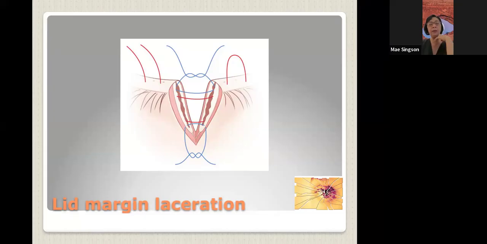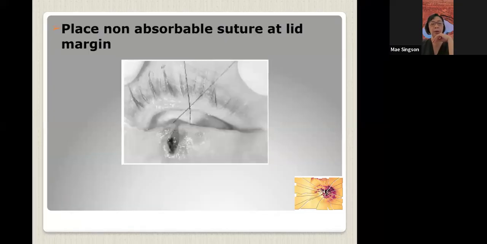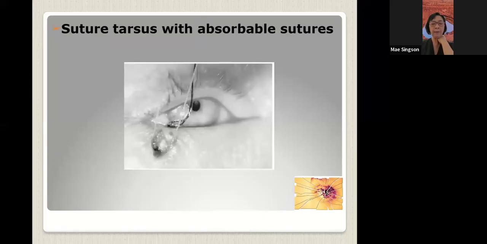So next slide, please. So it starts with coaptating the lid margin at the area of the gray line using a non-absorbable suture and leaving a long suture edge so that it will not hit your eye. Next, please. After suturing that, you can see that the nylon is very long, no? So you don't cut it short.